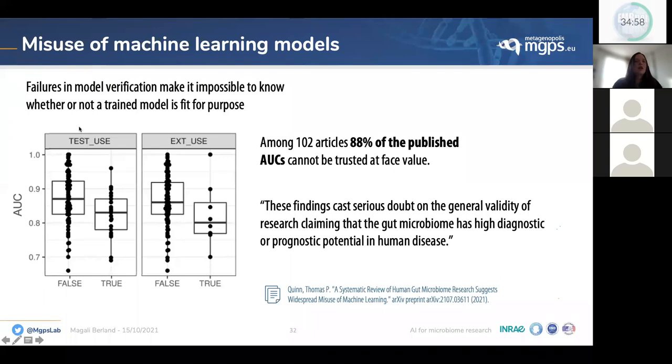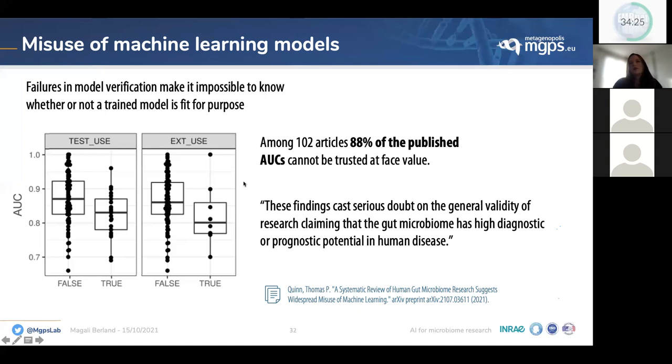For example, in some publications, authors do not use cross-validation to validate their models, and the reported AUC is higher for publications without cross-validation than for those with it. Some papers also do not use an external data set to validate the findings, and the reported AUC is again much higher when there is no proper validation.